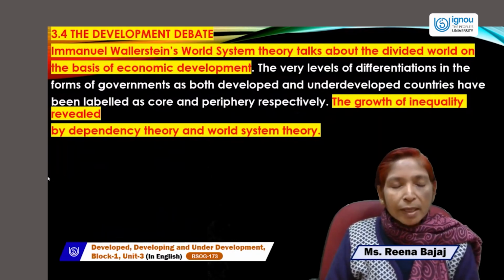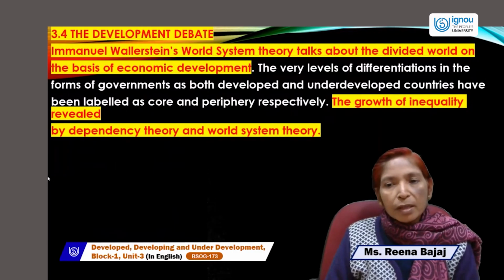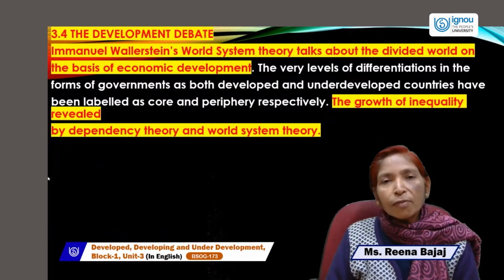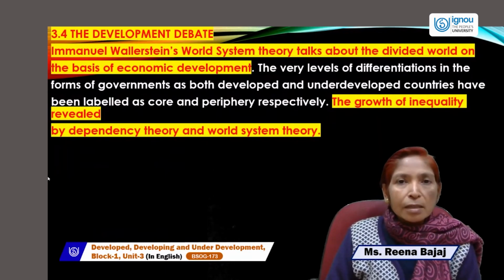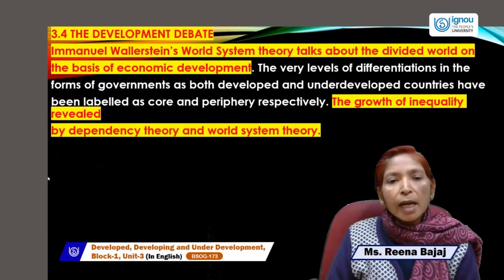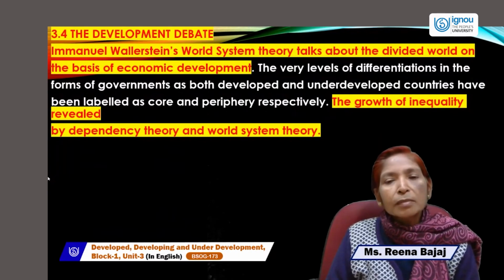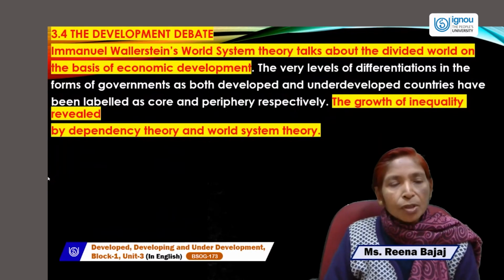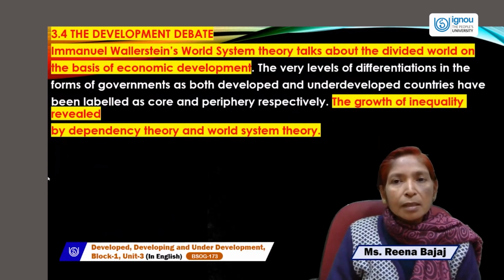Core is wealthy states and periphery is poor states or underdeveloped countries, respectively. The growth of inequality is shown by dependency theory and world system theory. So this is the development debate.